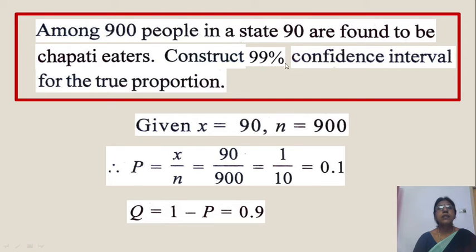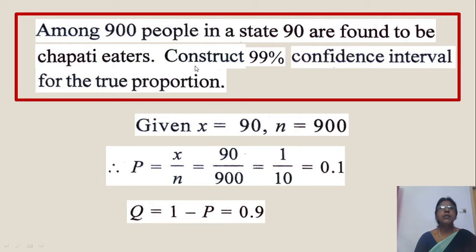Given x is equal to 90 and n is equal to 900. P is equal to x by n, 0.1. Now Q is equal to 1 minus P, 0.9.